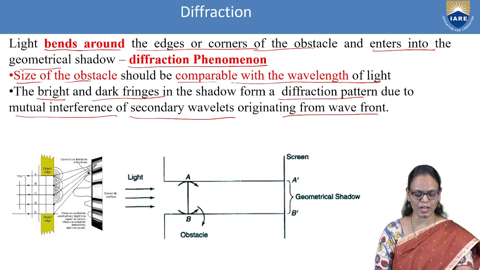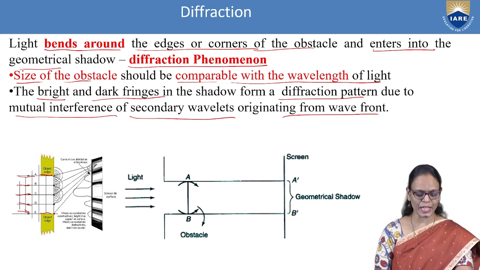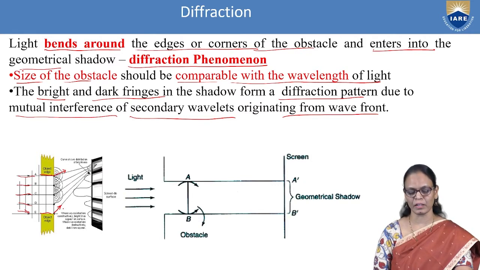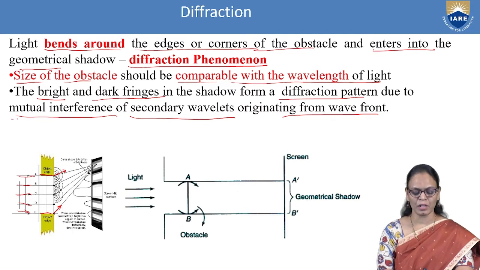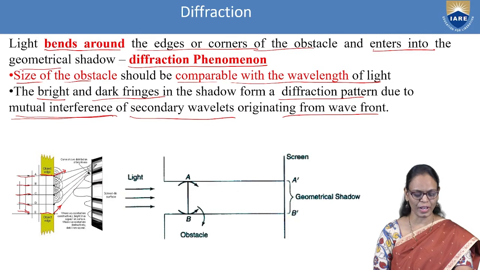So this is the original wavefront we have seen. This is the wavefront. Now this is incident on a slit AB. And what we are seeing is that at the corners it is going to bend. So whatever rays are bending will mutually interfere with each other. So each point on the wavefront will act as a secondary source according to Huygens principle, and they send out secondary wavelets.